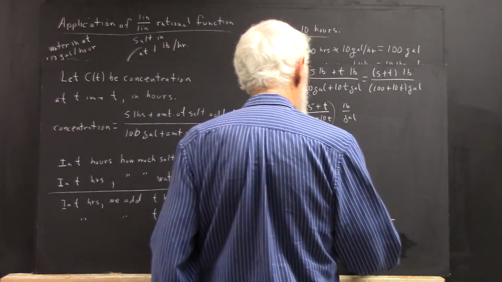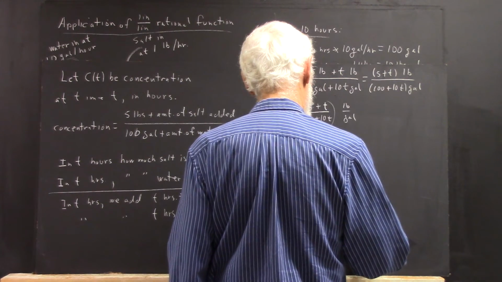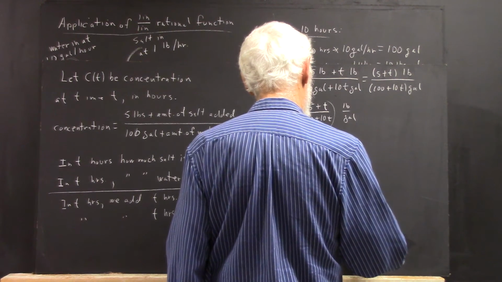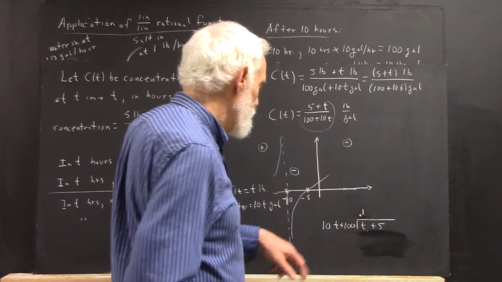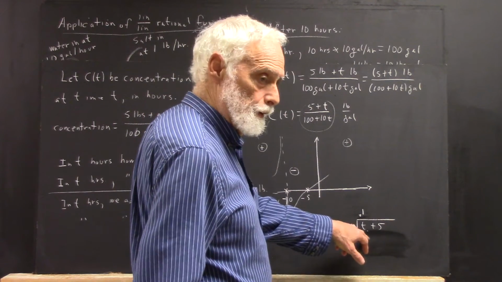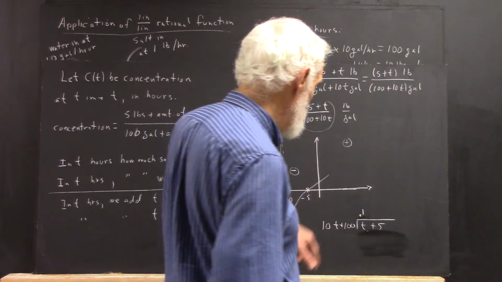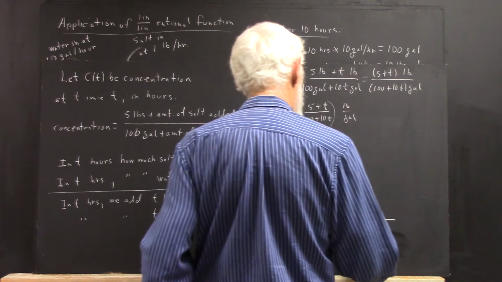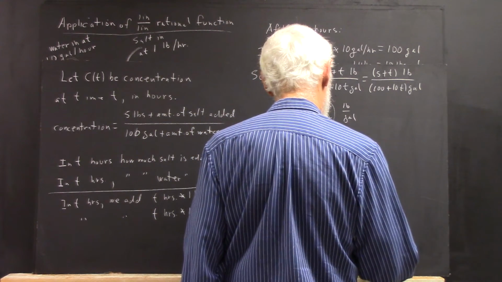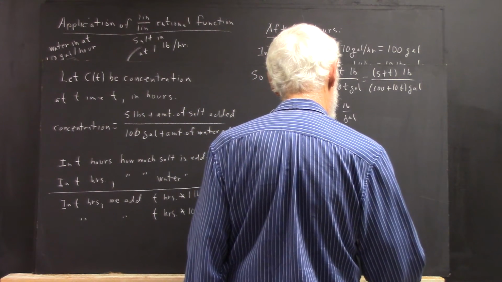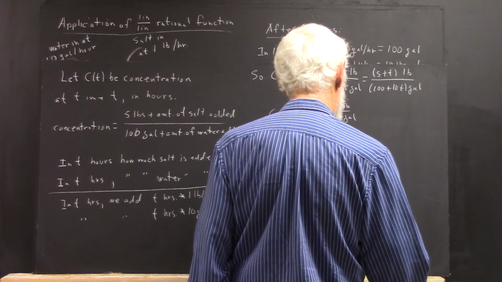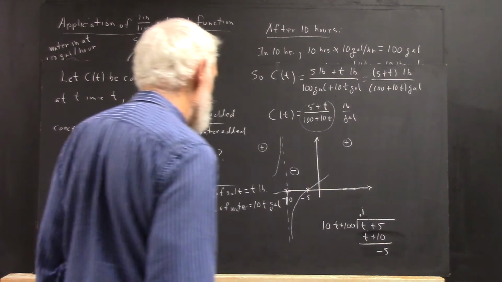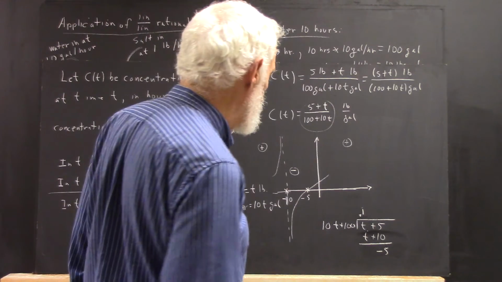Okay, so what we're going to have here is 0.1. Because we've got to divide the 10t into the t, it's going to give us 1/10 or 0.1. 0.1 times 10t plus 100 is t plus 10. And then we're going to have -5.